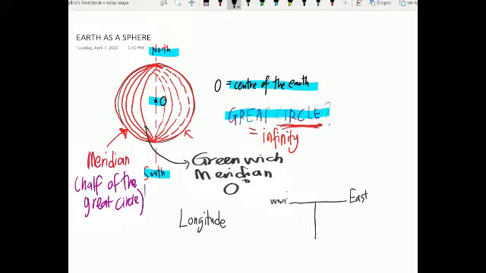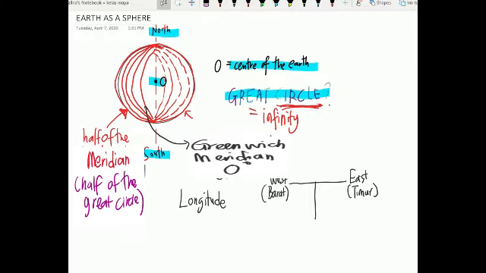In BM, this one we call barat, and this one we call timur. I prefer to remember in BM because when it's a T shape, you will have that timur. Okay, and then the 0 degree will be here.